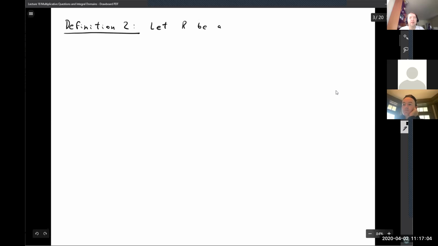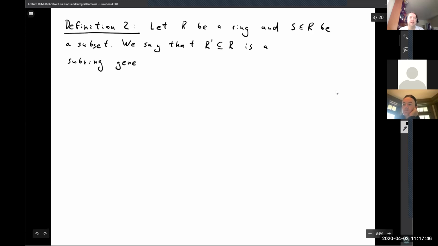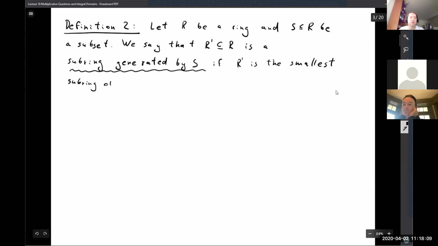So let R be a ring and S be a subset of R. And we say that a subring R prime in R is a subring generated by S if R prime is the smallest subring of R containing S.